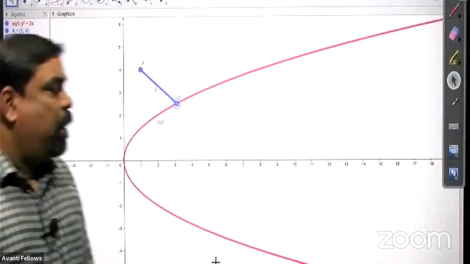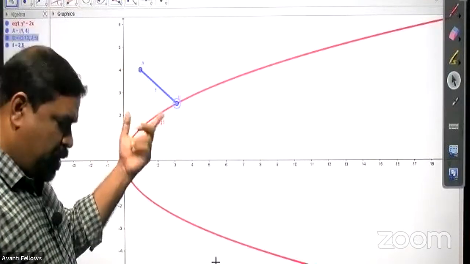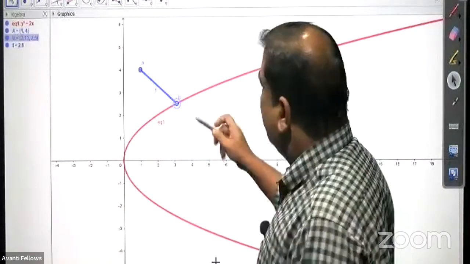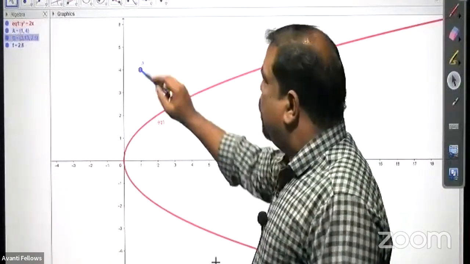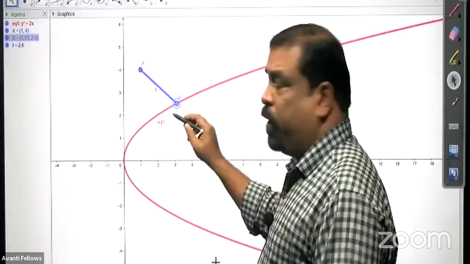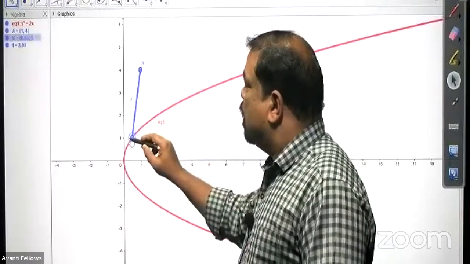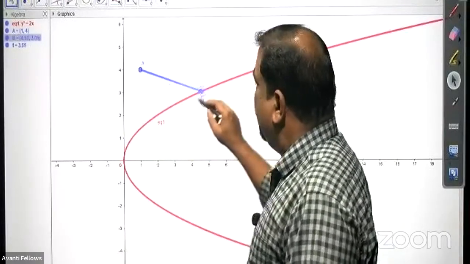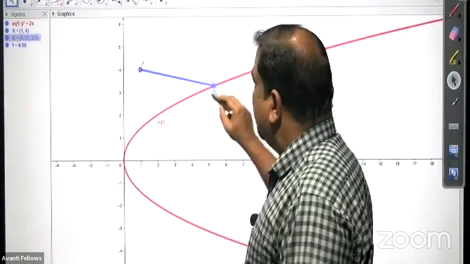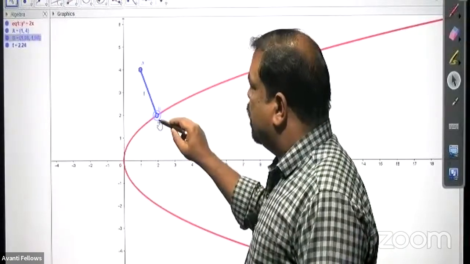If I plot the parabola and plot the point, the situation is like this. Once again, I am showing because there was some problem in the beginning. The given point is 1, 4, and the parabola is right side open. So we have to find a point on the parabola such that the distance AB is minimum. The point can be anywhere on the parabola, but when the distance is minimum, that is our question.